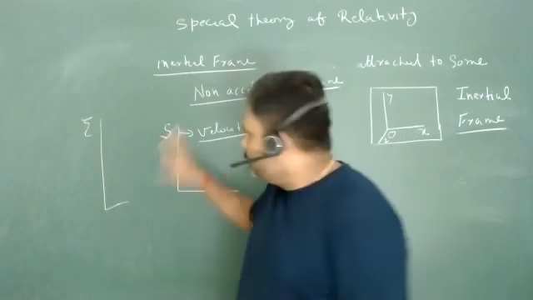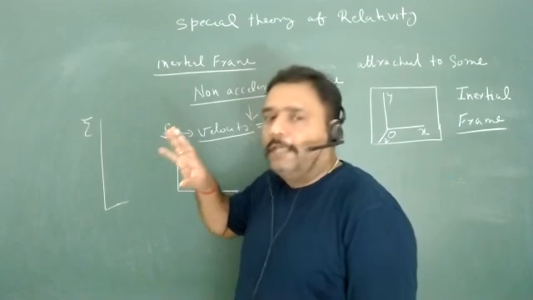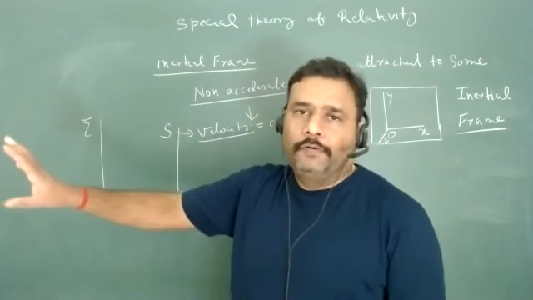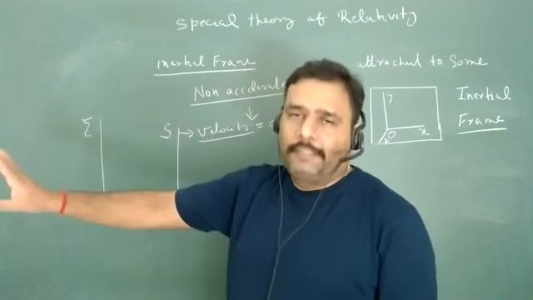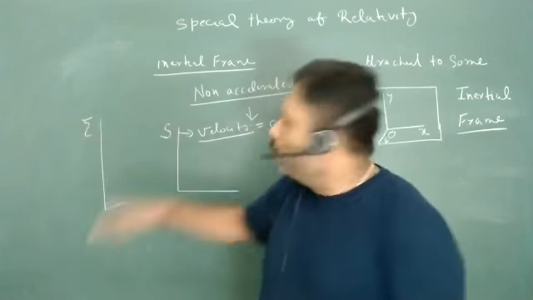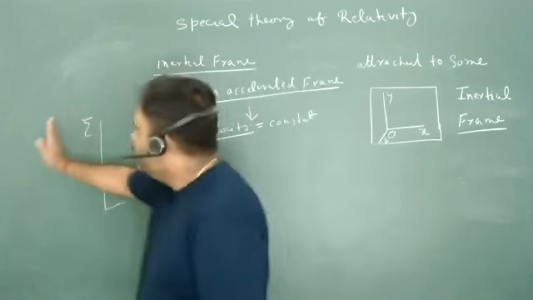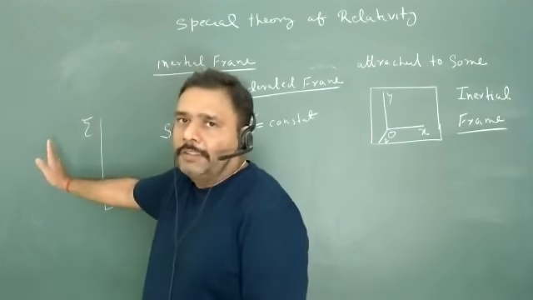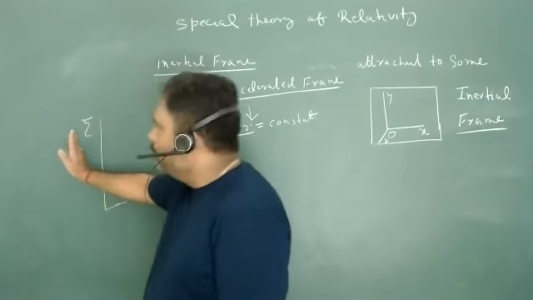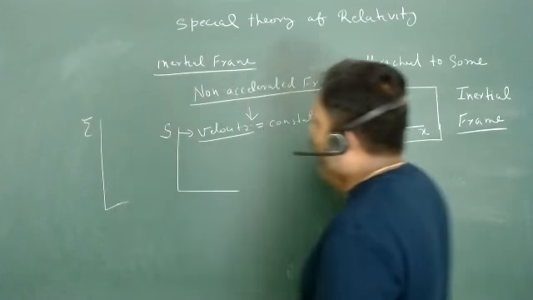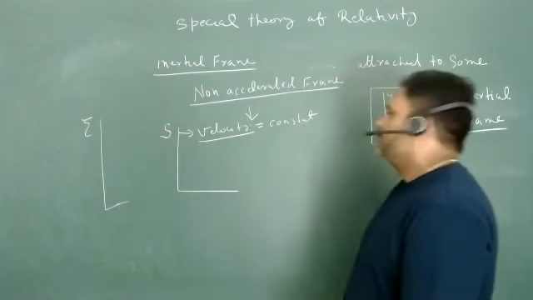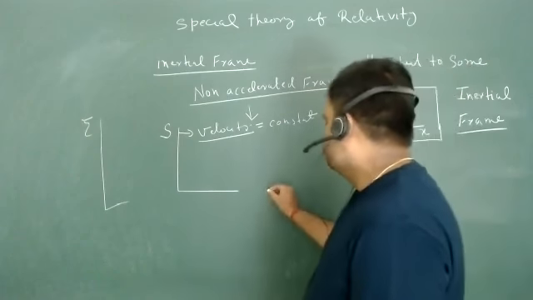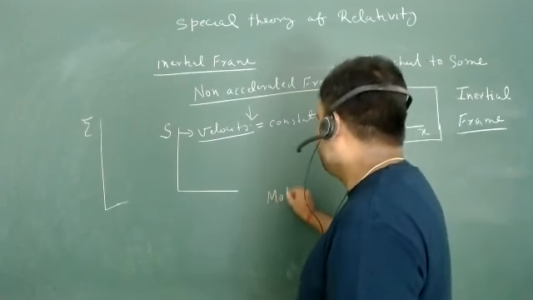So on this particular frame, there must not be any external force. If there is no external force, then what will happen? Whatever its initial condition of motion, that will always continue.